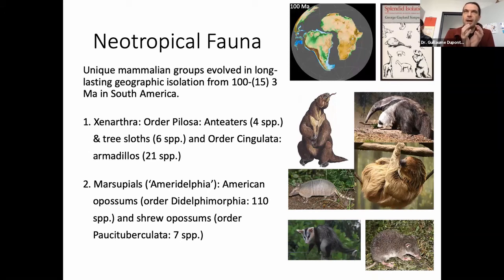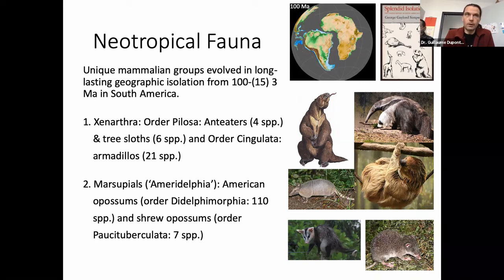And it had no direct land connections to any other continents. And as a result, there was the evolution of certain groups which were evolving in this landmass alone. There's a book about it by the paleontologist Simpson. It's called Splendid Isolation, and it discusses this phenomenon.